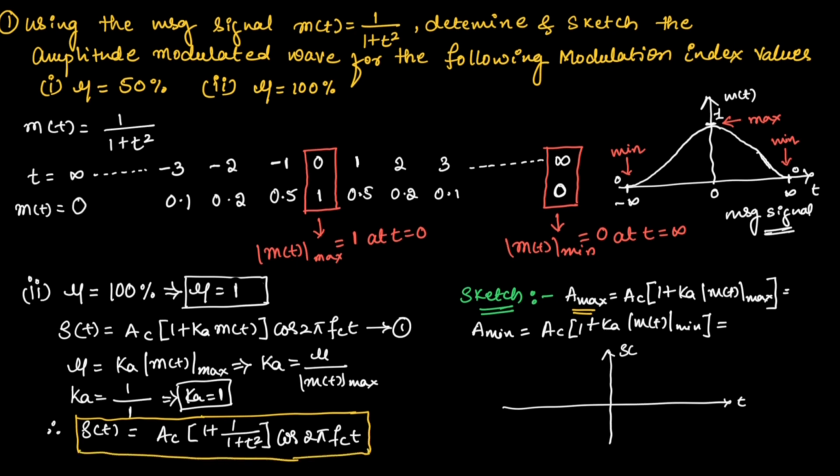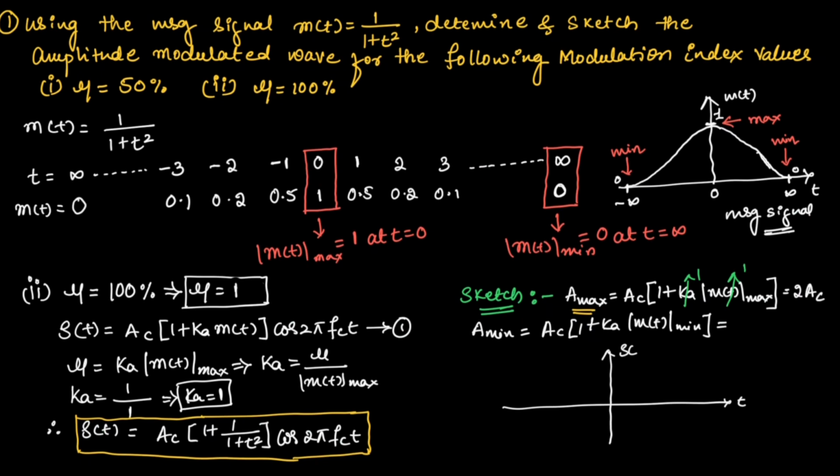So this is the expression for AM modulated signal for mu is equal to 1 and Ka is equal to 1. Now to sketch this AM modulated signal, let us consider A maximum and A minimum formulas. So we know m of t maximum is 1, Ka is also 1. 1 into 1 is 1, 1 plus 1 is 2. Therefore A maximum will be 2 AC.